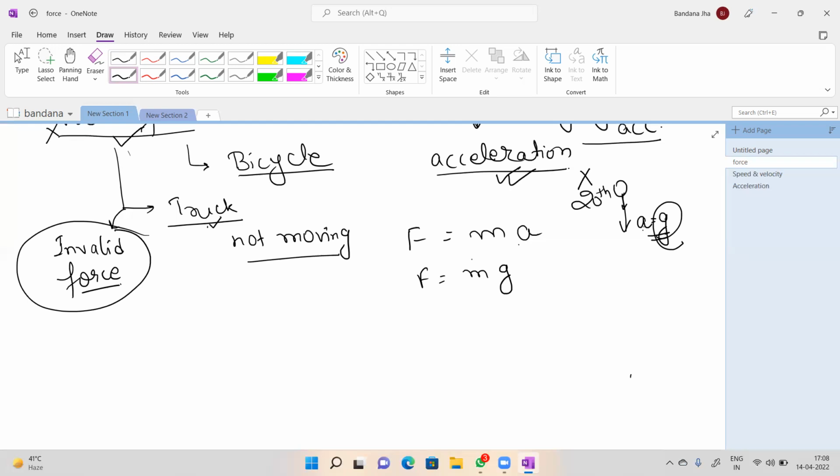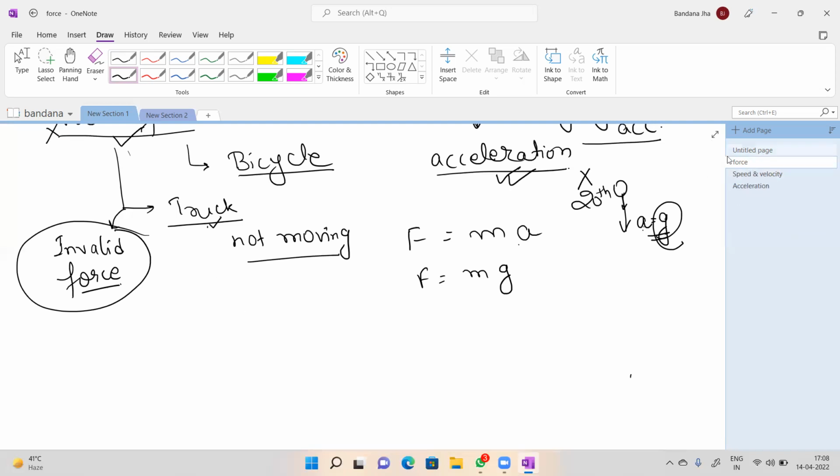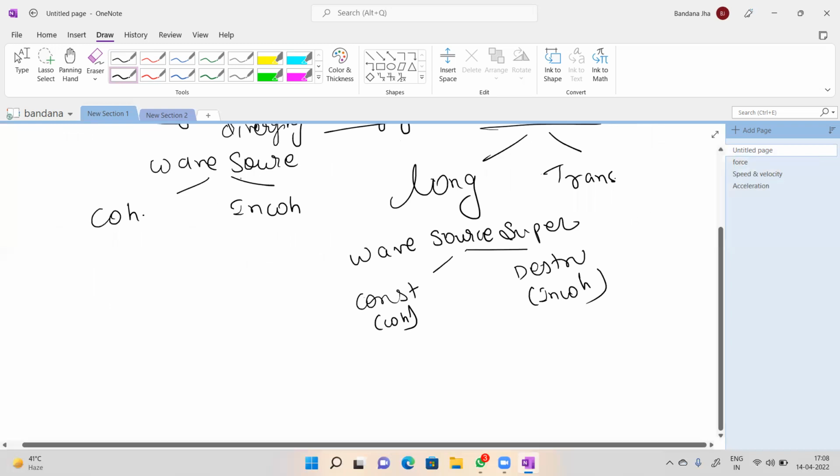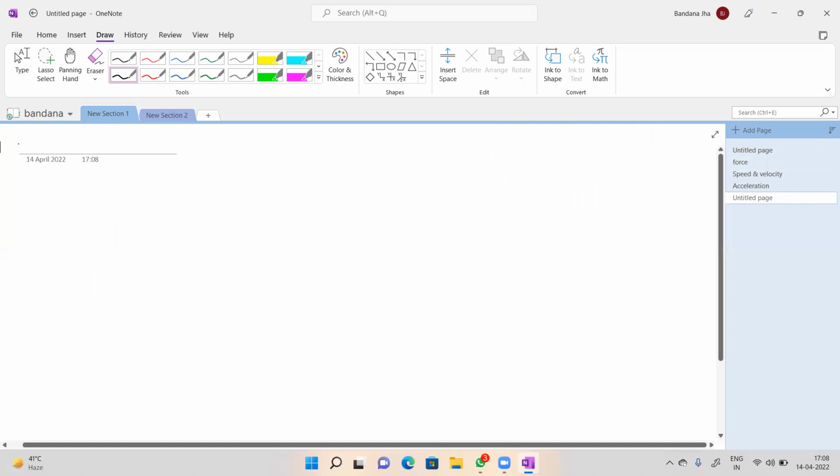But now, force is of so many types. I'm taking one more page. Add page. Types of forces. You know, forces are of how many types?